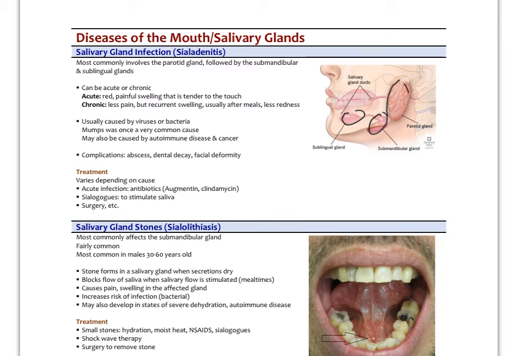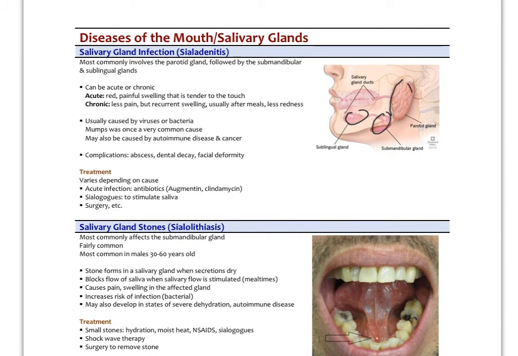The mumps created these very enlarged salivary glands, and that's where the name mumps came from. But it can also be caused by autoimmune disease and different cancers. Complications here would be lack of saliva and proper salivary nutrition. So we'd see complications like abscesses, dental decay, facial deformities, and things like that.